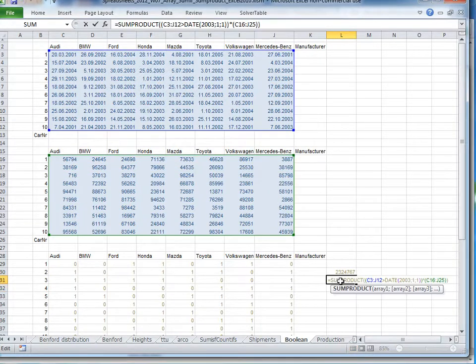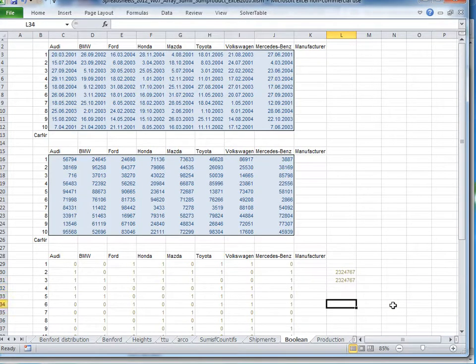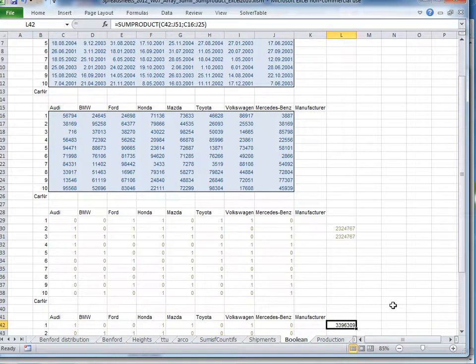So once again, this first comparison creates this table of ones and zeros, or trues and falses, in sumproduct's memory. And the second thing is it multiplies it with the distances, and what happens is exactly what we did previously, in a lengthier way.